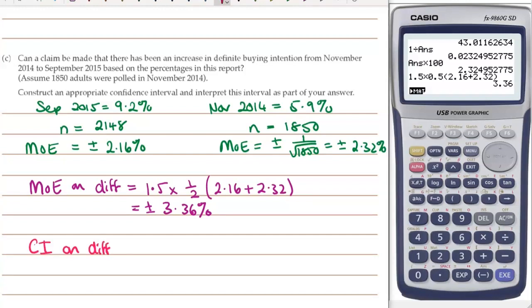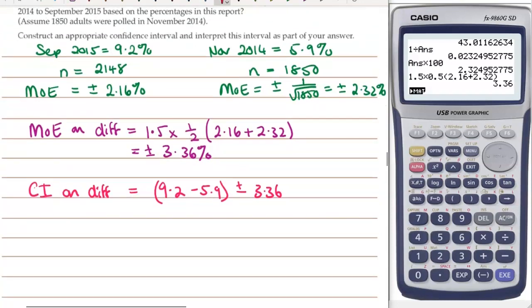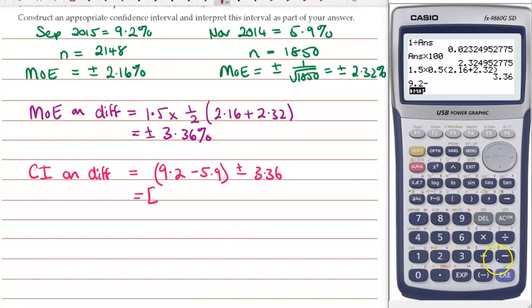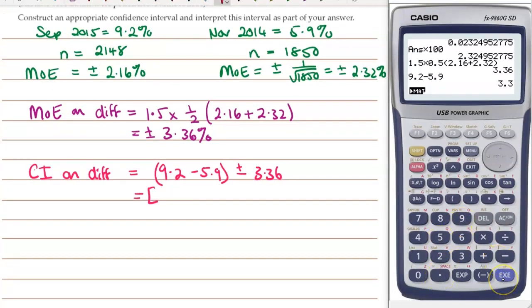Confidence interval on the difference. So the difference is 9.2 minus 5.9, and then plus or minus 3.36. Okay, so 9.2 minus 5.9 is going to be 3.3.